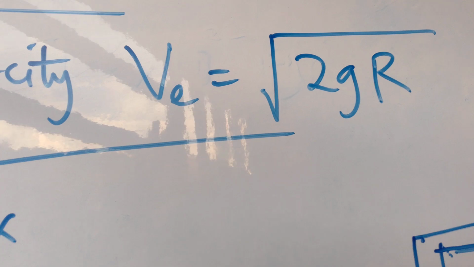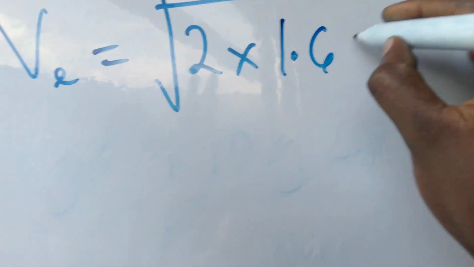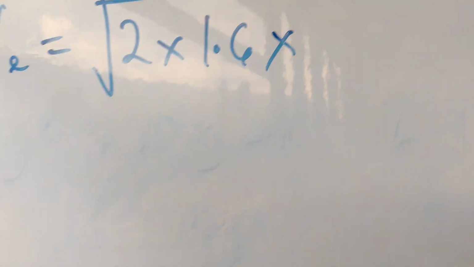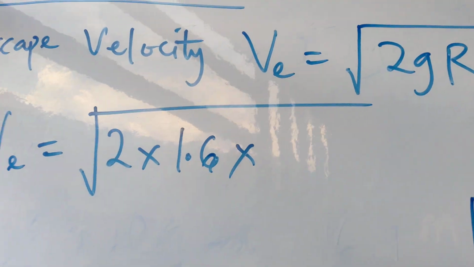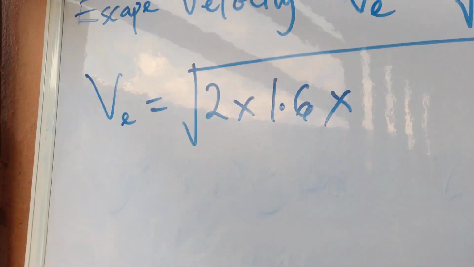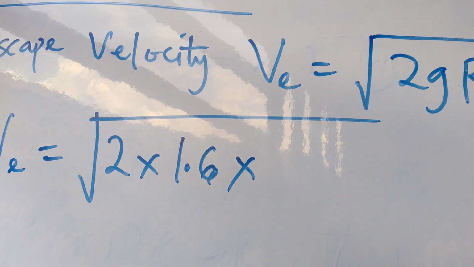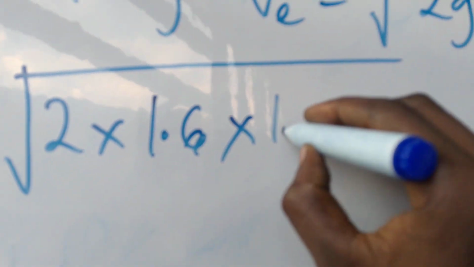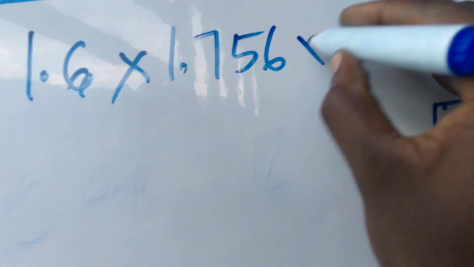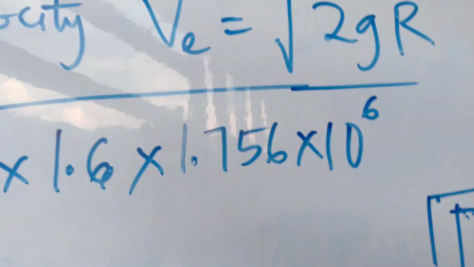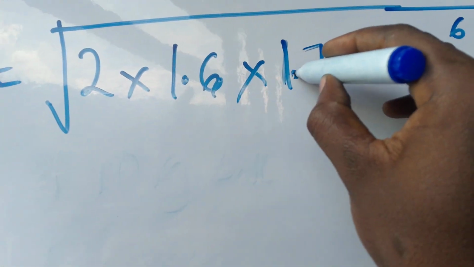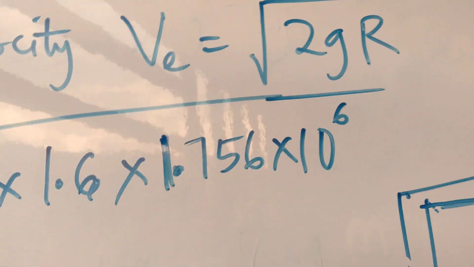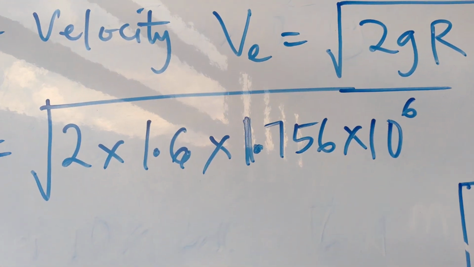We had the value of small g as 1.6, and we had the radius as 1.756 exponent 6. So that's my radius, 1.756 exponent 6.